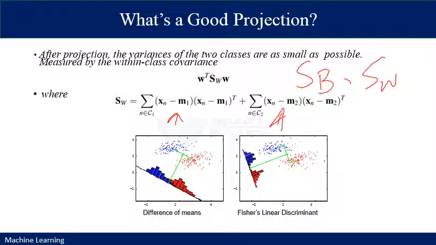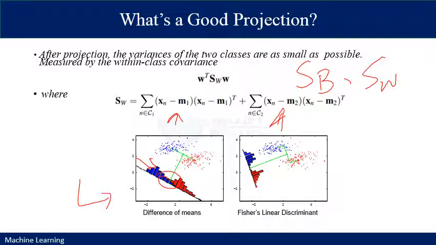So consequently, the projection is shown in the following figure. The left plot shows the samples from two classes depicted in red and blue. As you look at the histograms provided here, resulting from the projection onto the line joining the class means, you can see that there is a considerable overlap between the two classes in the projected space.